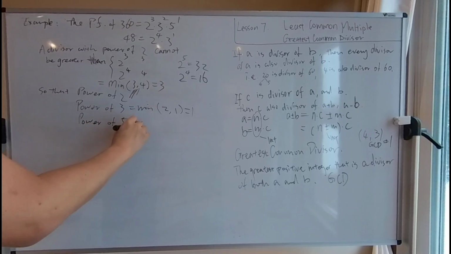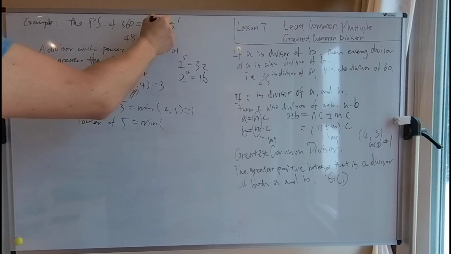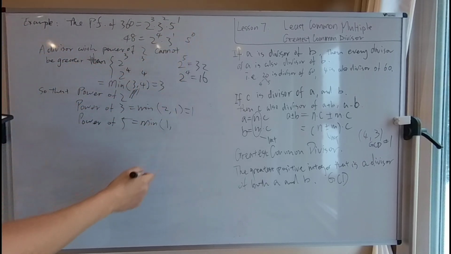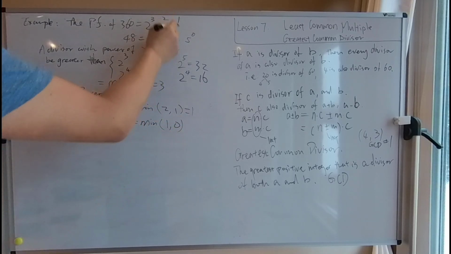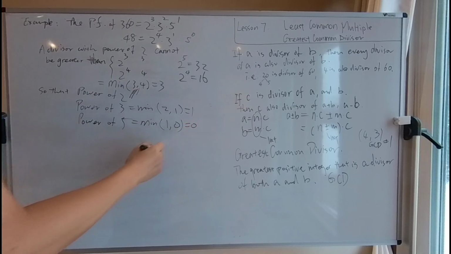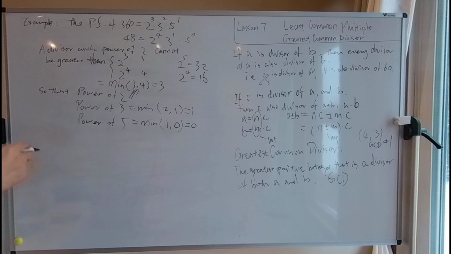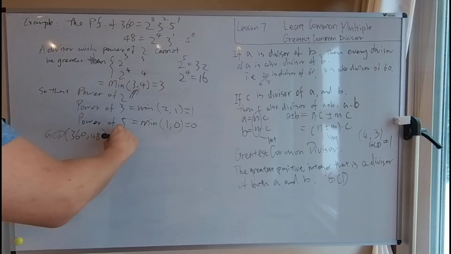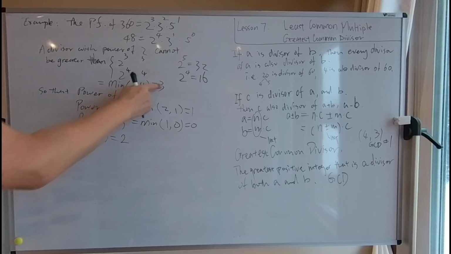And the power of 5 is similar: I have 5 here, the power is 1. I don't have a 5 here, that means the power is 0. And now it matters because we're taking the minimum, so 0 matters. So here the minimum power of 5 will be 0. Then the GCD of these two numbers is again the prime factorization, putting together all the factors and their powers.